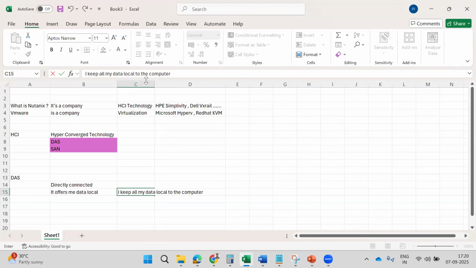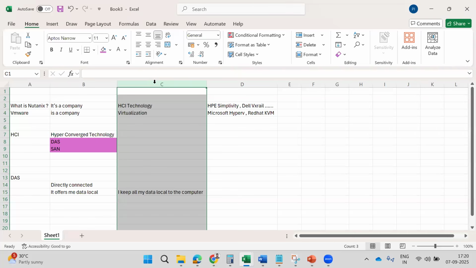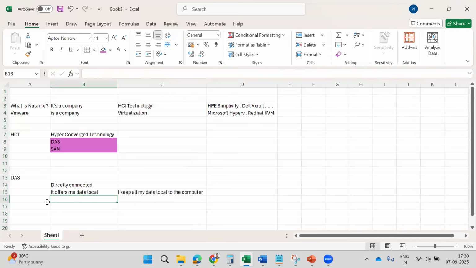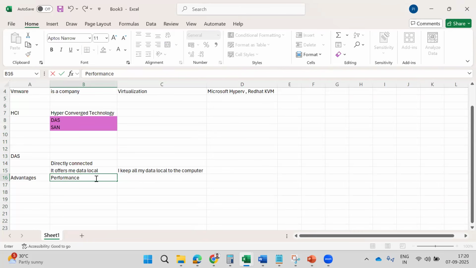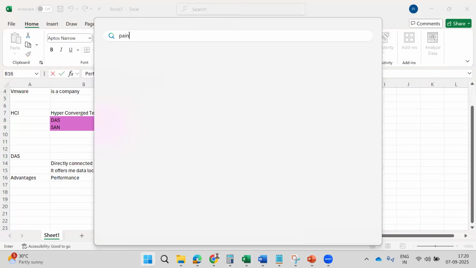Since it's locally connected, whenever I power on my computer, I can access all the data without any additional requirement or dependency. So what advantage do I get with this? Since I keep my data local, it gives me performance. So now let me quickly take a whiteboard and explain a scenario.